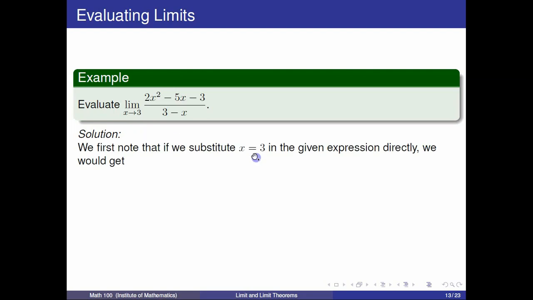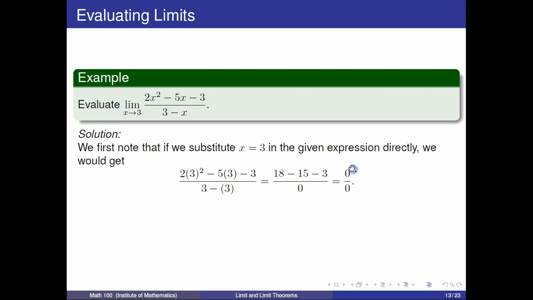So, substituting 3 to x, what will we get? We get 2 times 3 squared minus 5 times 3 minus 3 all over 3 minus 3. Yung taas, you have 2 times 9, that's 18, minus 15 minus 3. Sa baba, you have 0. And then, sa taas, you'll have 0 as well.